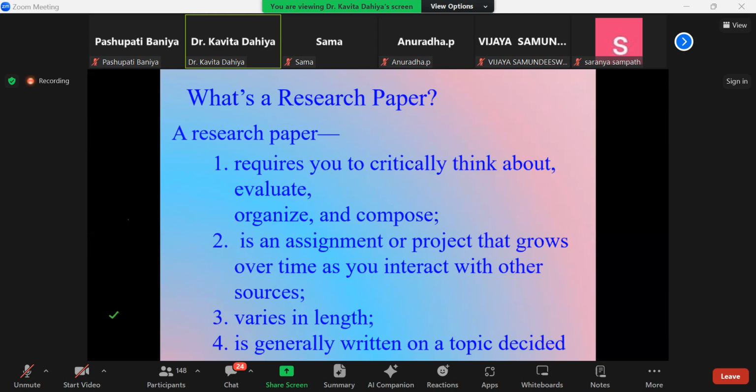It is also an assignment or project that grows over time as you interact with other resources. It also varies in length, because whatever research paper or research proposal you have in your mind when you start, it is not exactly the same length.